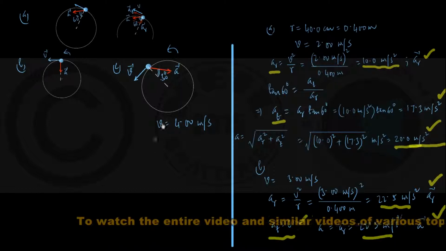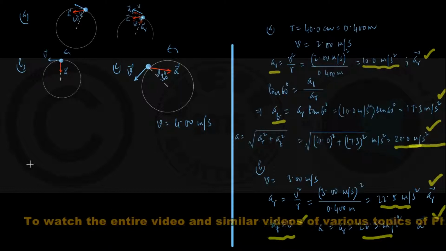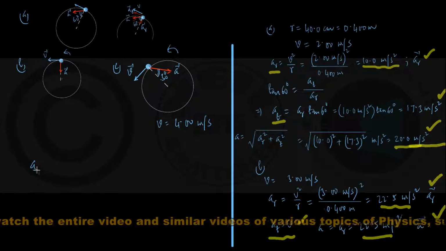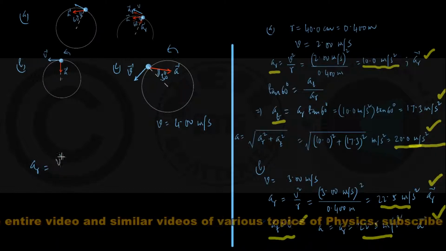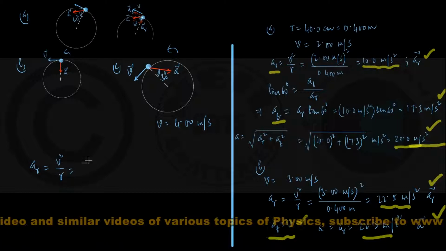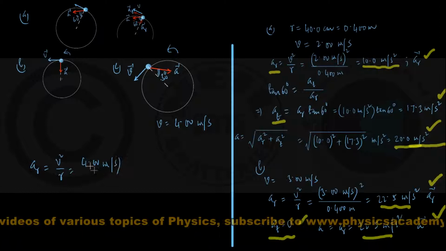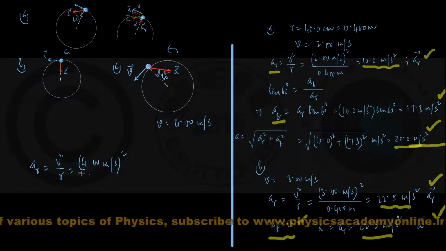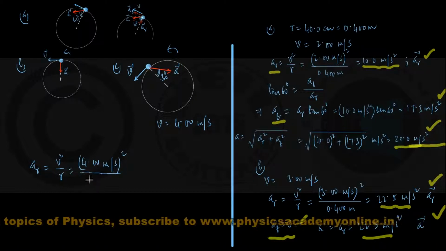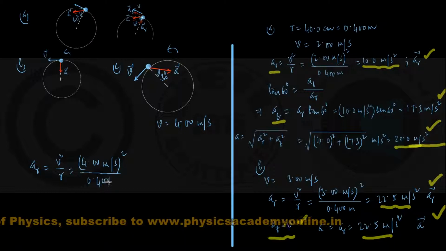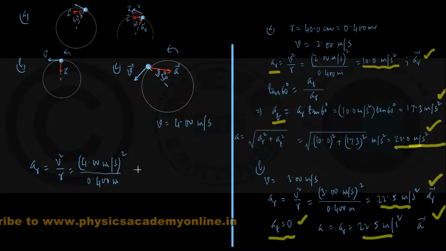So as v is given, we can find the centripetal or radial acceleration once again by the same formula, v squared by r. v is 4.00 meters per second, squared. The circle's radius remains the same, that is 0.400 meter as listed in the beginning, and calculation shows this comes out to be 40.0 meters per second squared.